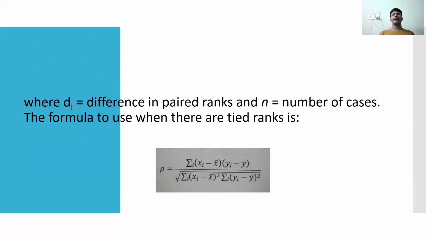Here xi and yi are the values of all values of the variable, and x bar and y bar are the mean of the x series and y series, if we consider x and y are two variables and those have so many values. Now sigma (xi minus x bar)(yi minus y bar) by root over sigma of (xi minus x bar) whole square into sigma of (yi minus y bar) whole square.